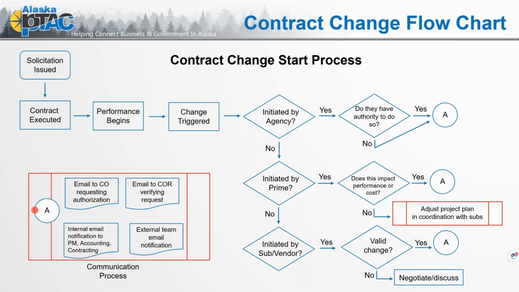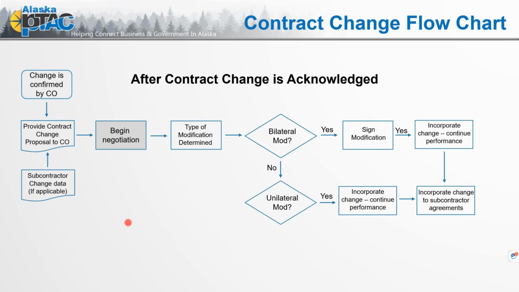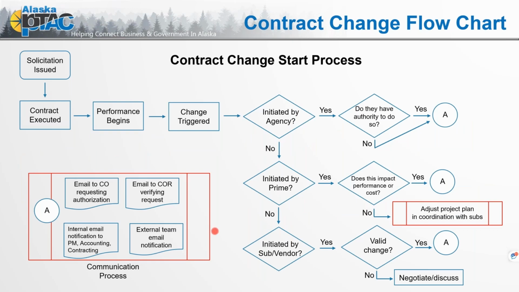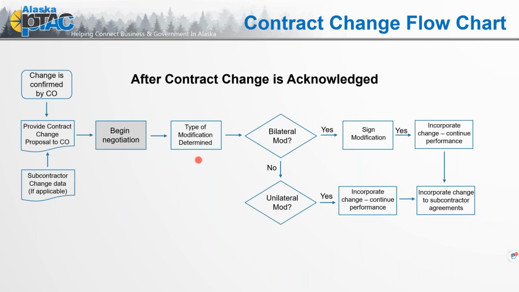Let's look at this from another way. So that contract change flow, we acknowledge we have a change. Here, we're beginning that communication process. And so after that change is acknowledged, the change is confirmed by the contracting officer. And you may ask, well, why is this important? Because we have that privity of contract and that contract has been executed by the contracting officer and we are beginning that contract process.